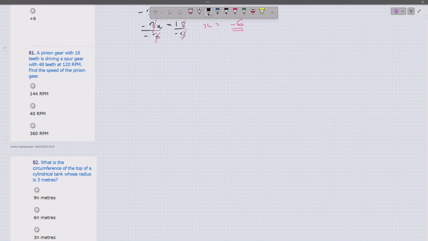Question 81. A pinion gear with 16 teeth is driving a spare gear with 48 teeth at 120 RPM. Find the speed of the pinion gear. So let the driver gear be A and the driven gear be B. So TA equals 16.